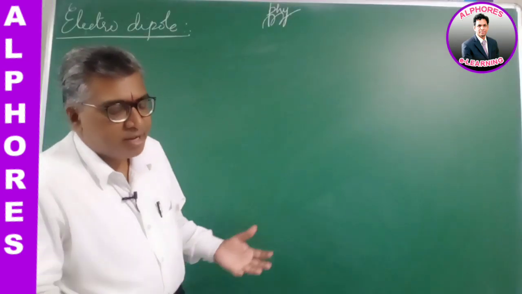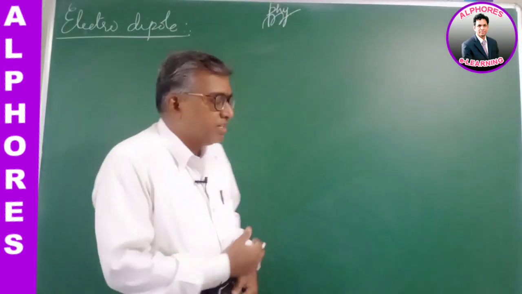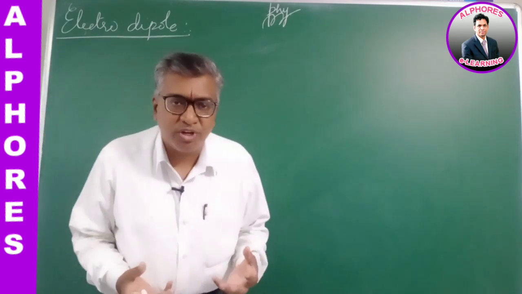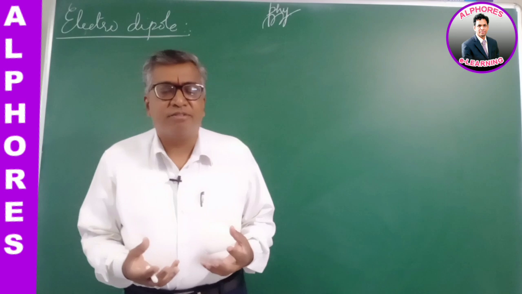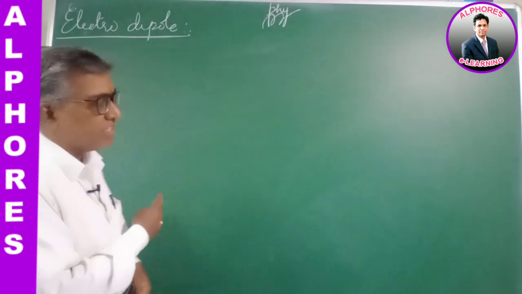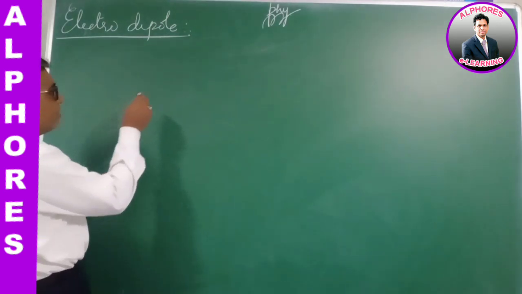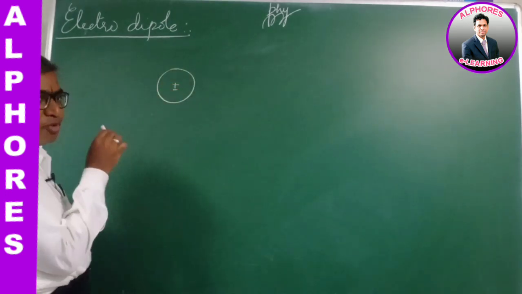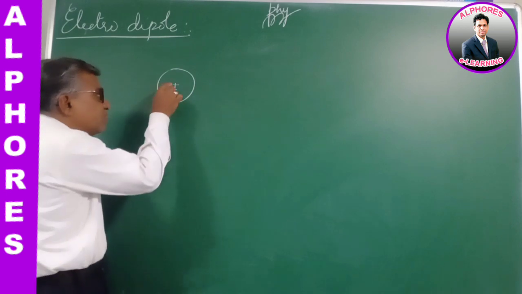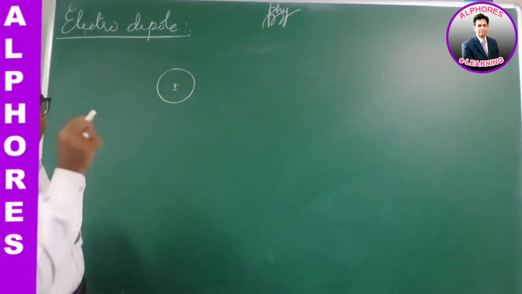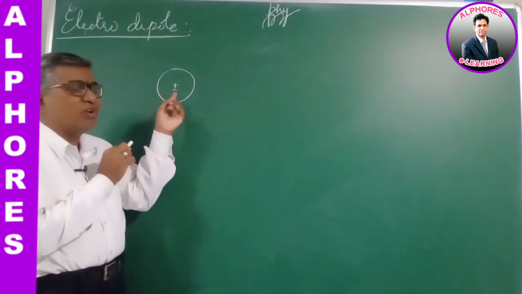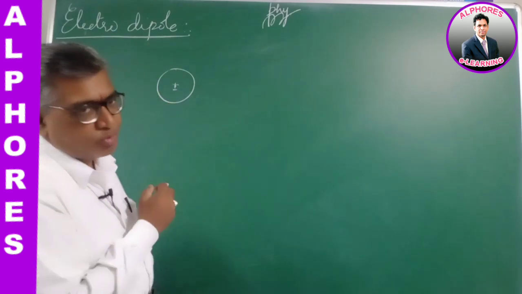In general, in our environment we come across substances, various compounds, various molecules which exhibit different properties. There are certain molecules, as I was telling you, whose center of the positive and center of the negative coincide with one another. Then there is no separation between their centers. Such molecules do not possess any electric dipole moment.